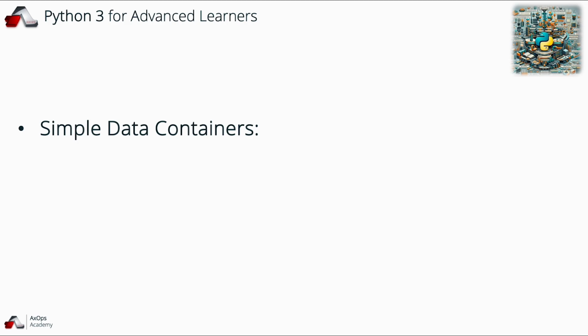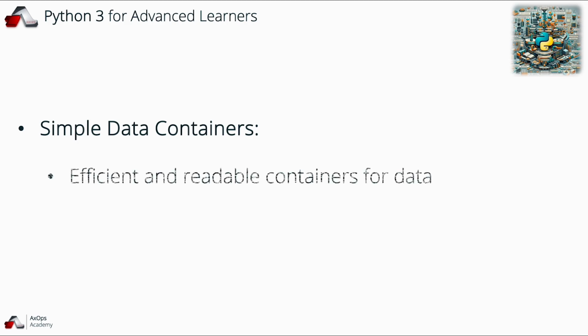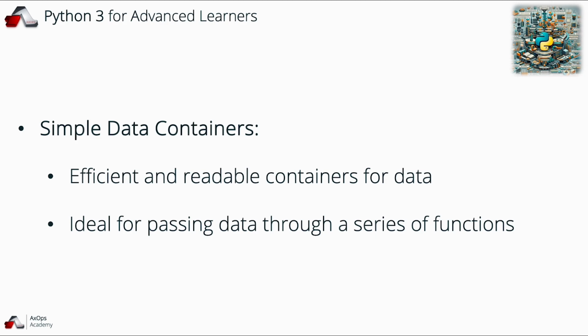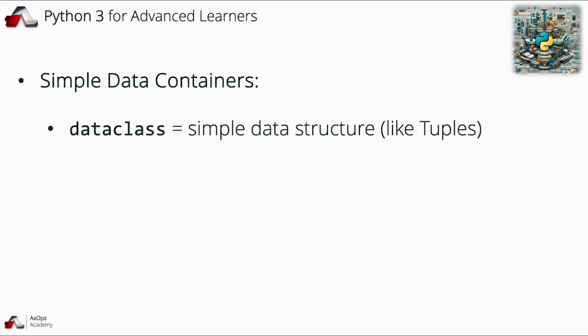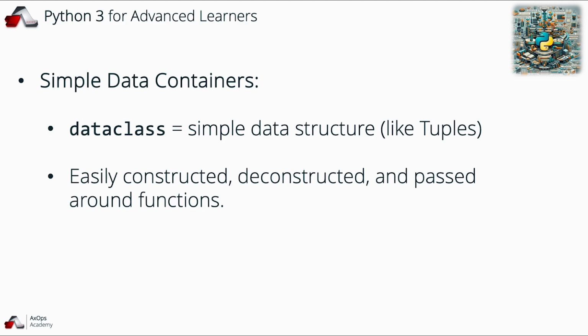Functional programming often involves passing data through a series of functions. Data classes serve as efficient and readable containers for data, making them ideal for this purpose. Each data class instance can be seen as a simple data structure, quite similar to tuples, with named fields which can be easily constructed, deconstructed, and passed around functions.